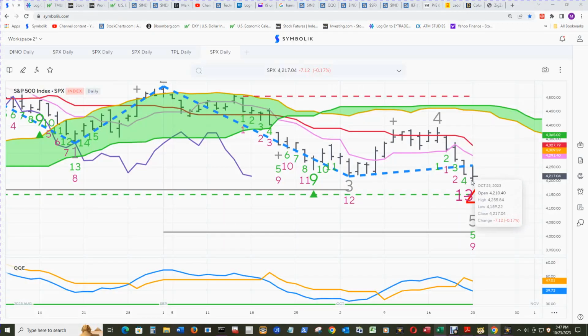And there it is right here. It opened lower than the last bar of the identical 3 crows here. The 3rd bar closed lower than the close of the previous bar and has a nice wick up.